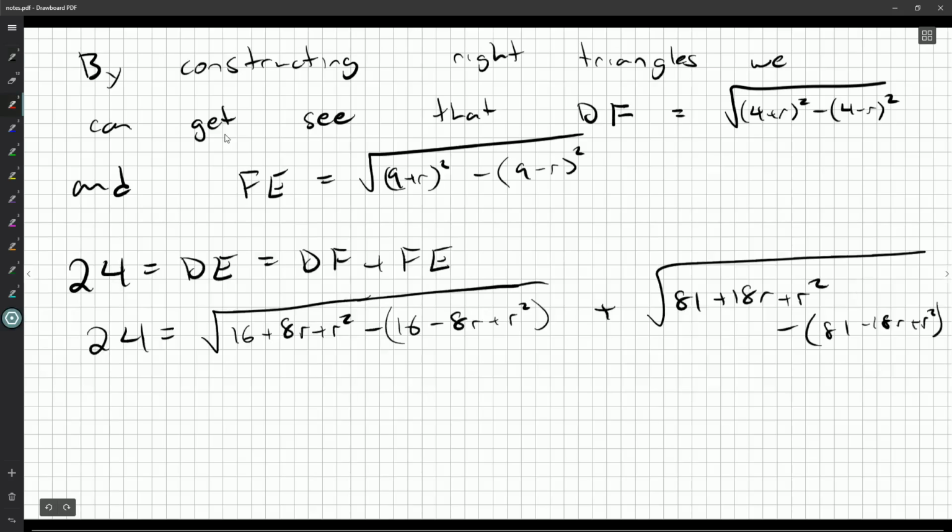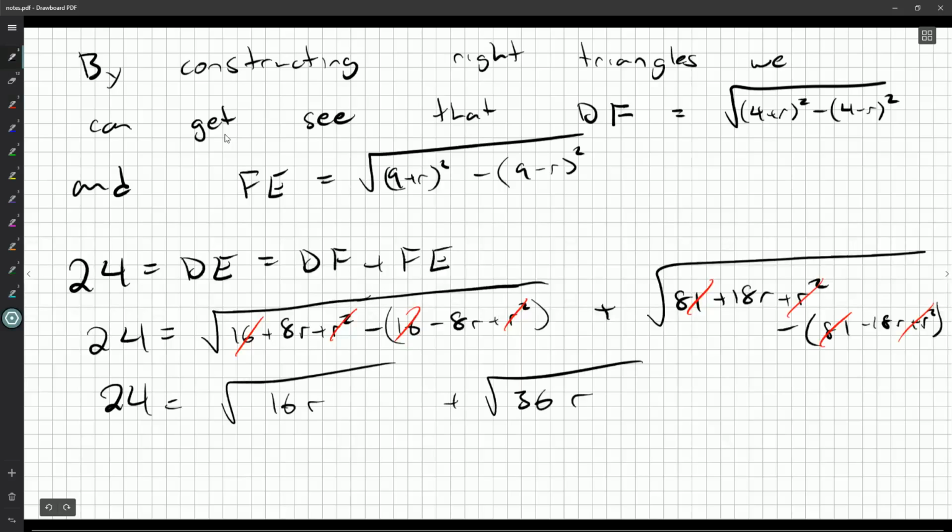A lot of that will cancel out. The 16s will go away, so will the R squareds, so will the 81s. And so we'll be left with 24 is the square root of 16R plus the square root of 36R.